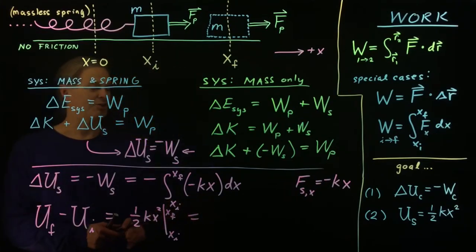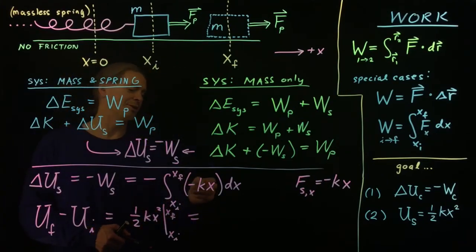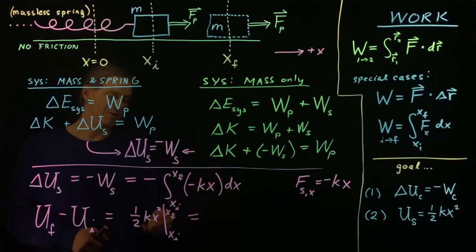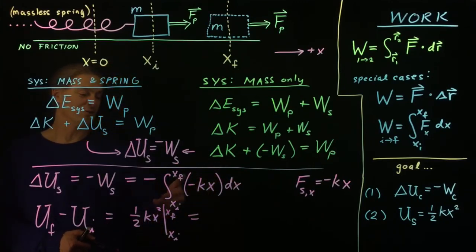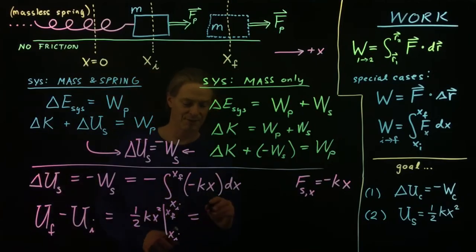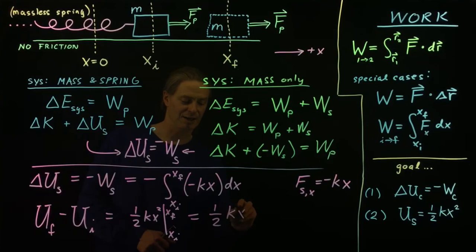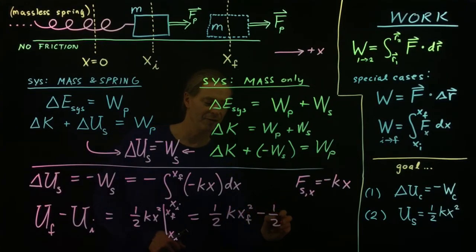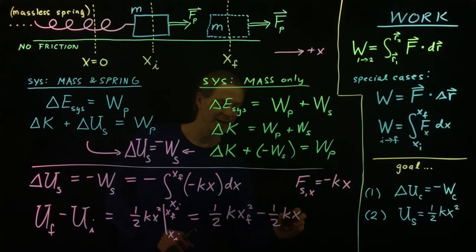All right, so remember how that happens, right? Integral x dx is x squared over 2, or that's the antiderivative. If you have a definite integral, you have to put the limits in. So we evaluate this at the limits, and so I'll have 1/2 kx final squared minus 1/2 kx initial squared.